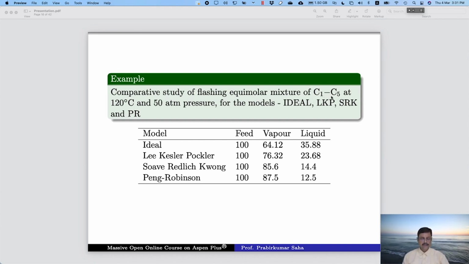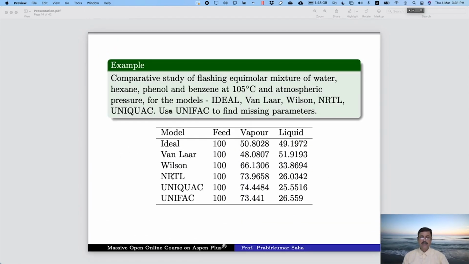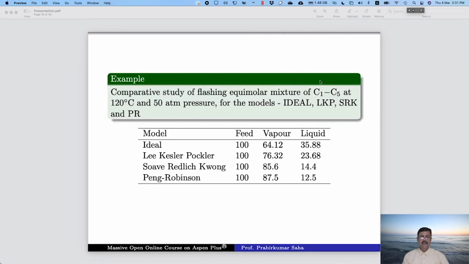So instead of water, hexane, phenol, benzene, we are using C1 to C5 at 120 degrees centigrade and 50 atmosphere pressure for the models ideal, LKP, SRK and PR. That is ideal model, Lee-Kesler-Plöcker model, Redlich-Kwong-Soave model and Peng-Robinson model.